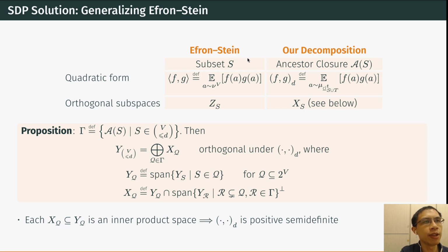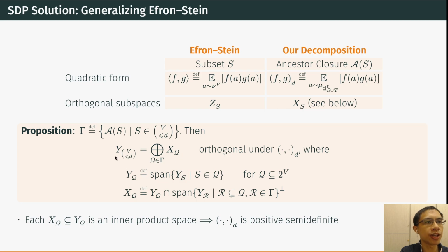We construct a new decomposition for functions spanned by small hunters. We replace subsets with what we call ancestor closures. We generalize the quadratic form and orthogonal subspaces in Efron-Stein appropriately into our decomposition.